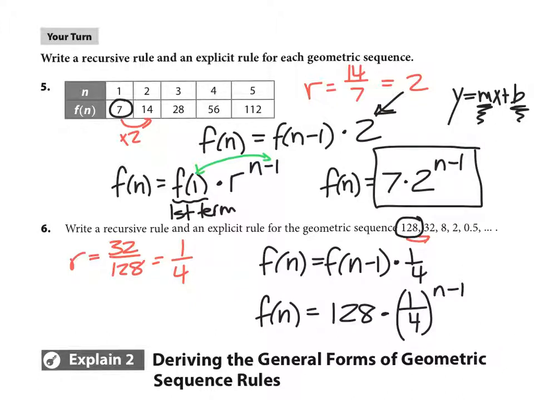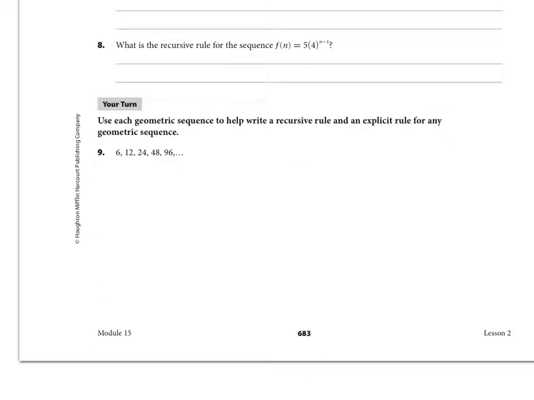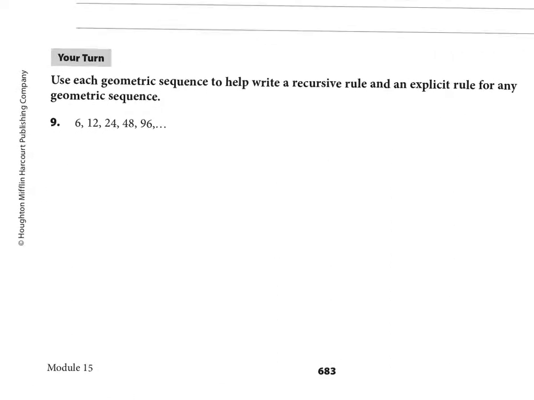All right, let's move forward here and look at another your turn problem. Down here, it says use each geometric sequence to help write a recursive rule and explicit rule for any geometric sequence. Again, it's basically the same type of thing. What's happening?